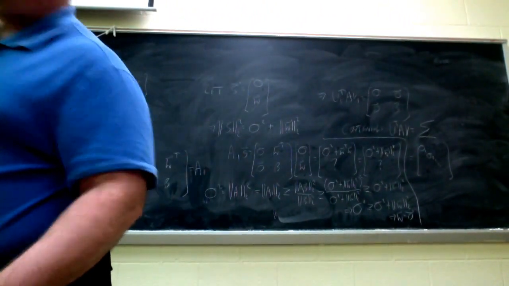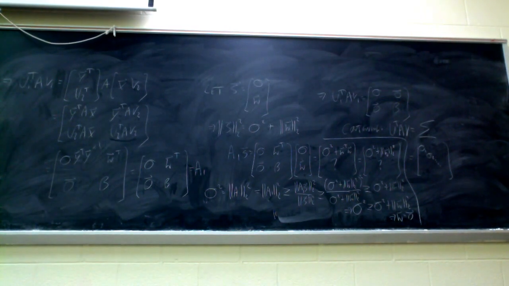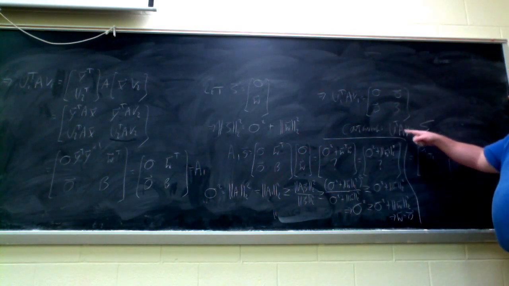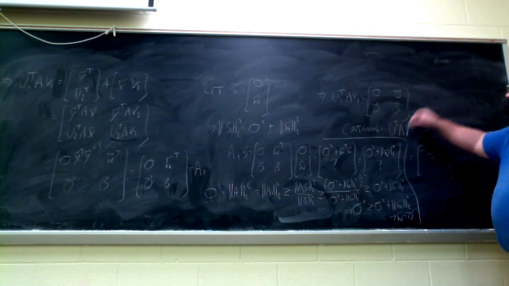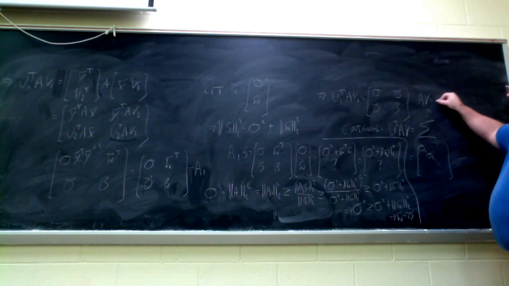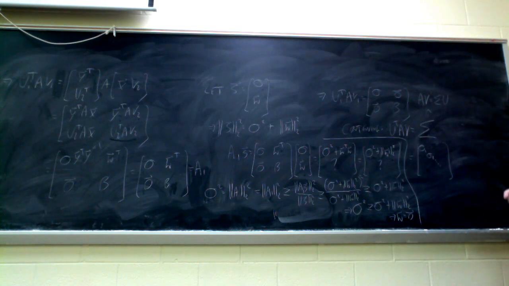So now I can finally state the singular value decomposition, because since U and V are orthogonal matrices, I can multiply on the left by U, so I could have A V is equal to U sigma, or I can multiply on the right by V transpose.